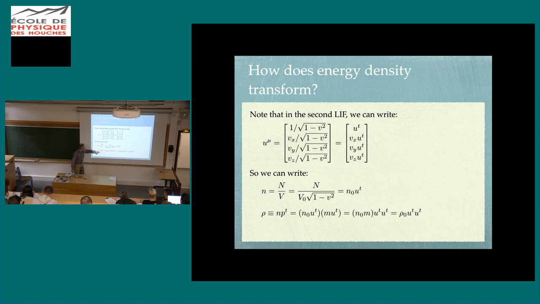And then we could write the energy density as the number density times the energy of each particle. And each particle's energy is the mass times its 4-velocity time component. And so this is the expression for what the density is in that frame.